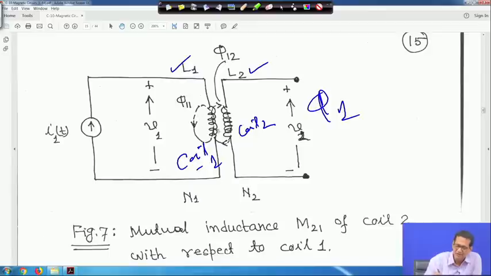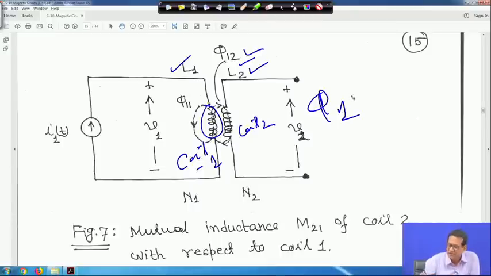So phi 1 is the flux linking coil 1. In addition, part of it also links coil 2 as well as coil 1. This is the mutual flux.